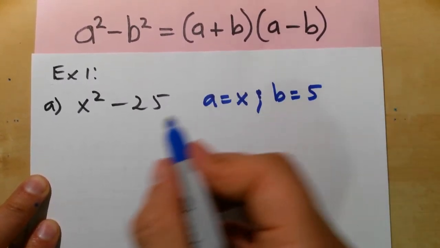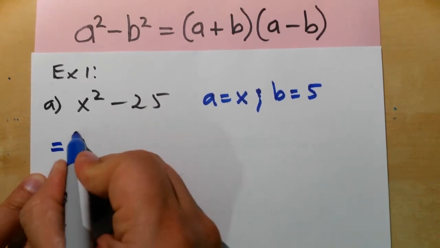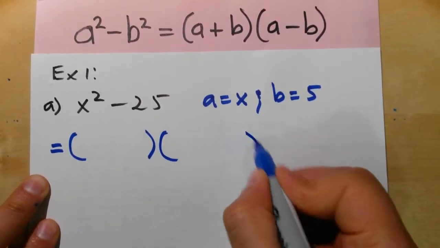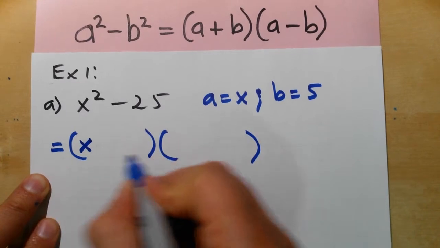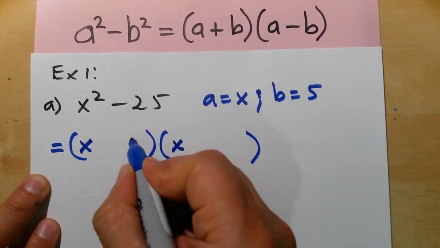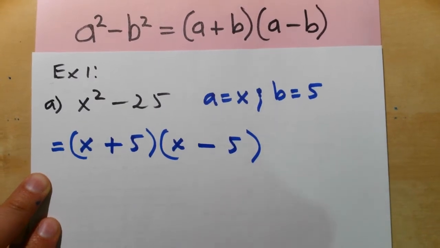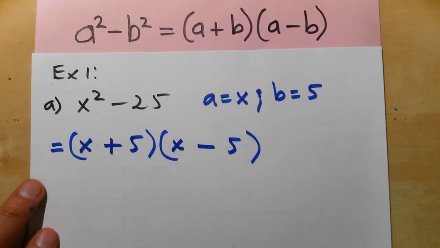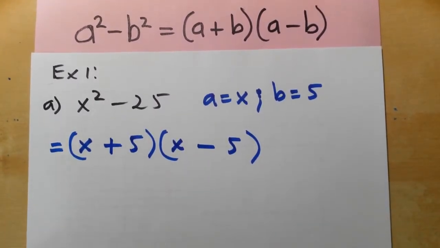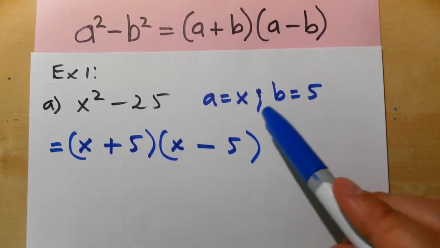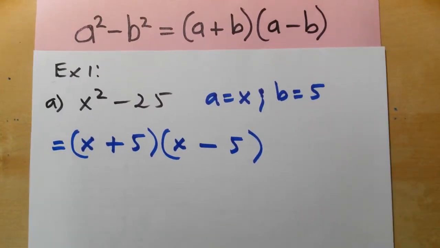So if we simply follow this pattern, we write a here, b over here, and we put a positive and negative sign, and then we have factored this equation. We're done. The important thing is recognizing the patterns.